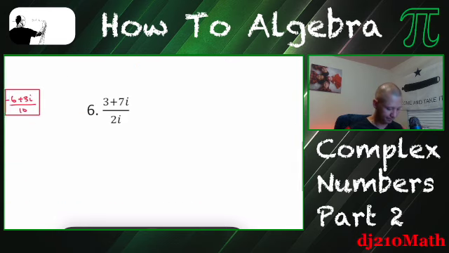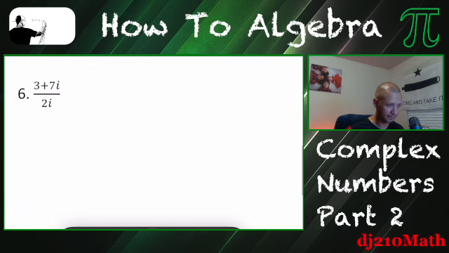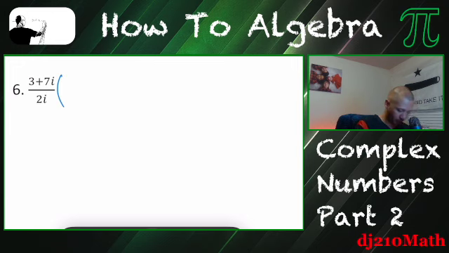All right. Number 6. So here, again, there's an i in the denominator. So I want to rationalize the denominator. I want to get rid of the square root, or get rid of the i.